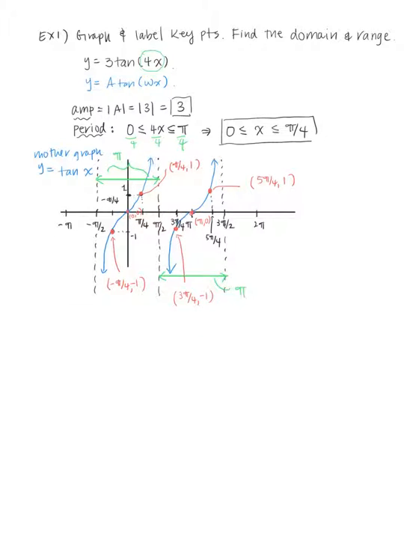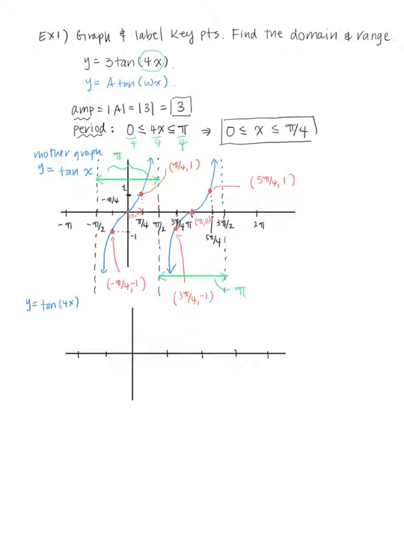Okay, so let me just draw the graph again, directly below. What we're going to do right now is graph y equals tan of 4x, and then we'll multiply this by 3 at the end.